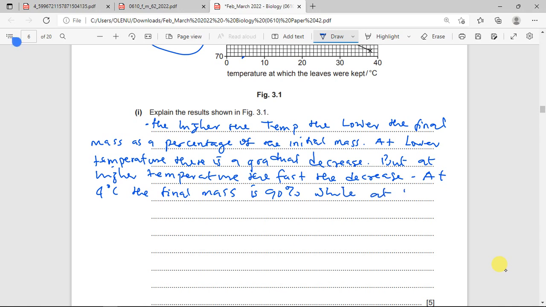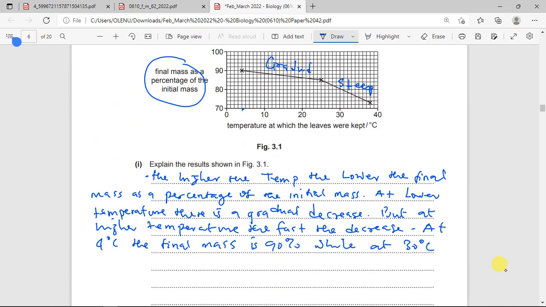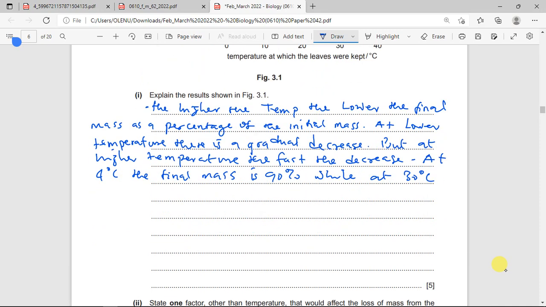At 30 degrees Celsius, what is happening here? You can check the mass here is 80%. So you can just pick any one at random. So I just described the graph, but remember the question says you should explain, and it's 5 marks.